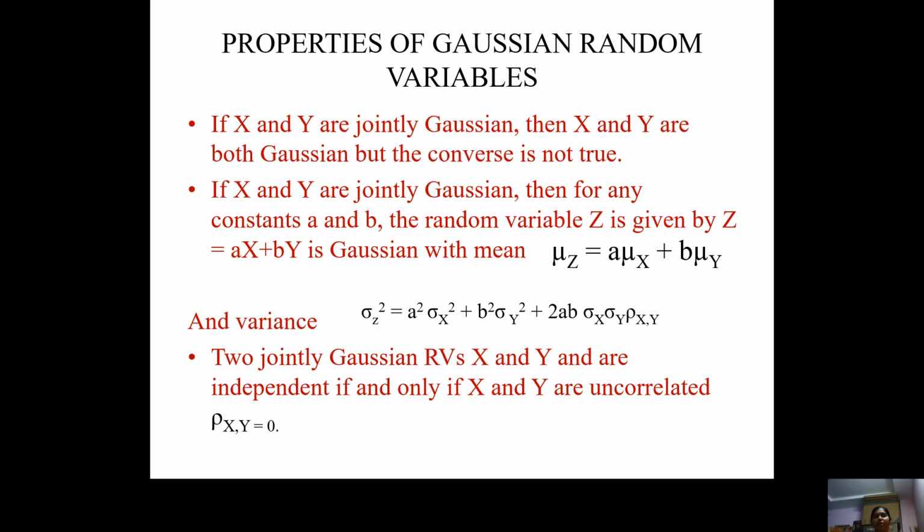So this is nothing but the linear transformation of jointly Gaussian random variables x and y.